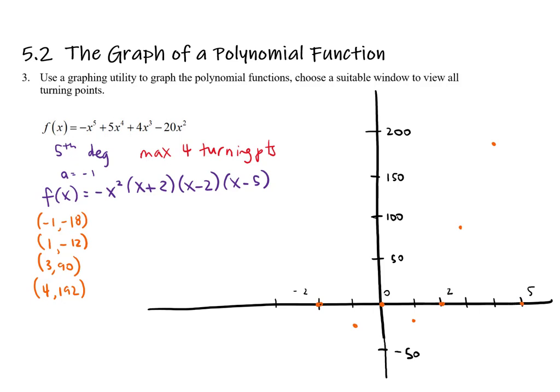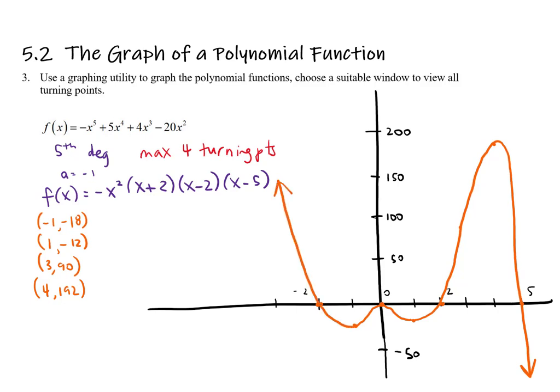And then I'm going to connect this. I'm going to start right around here, touch at 0, go through at 2, hitting all these points that I've discovered, going through at the 5, and going through at the -2. So this is sort of my idea of how the graph goes.